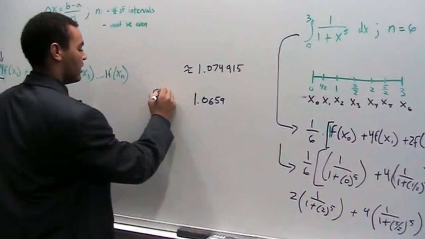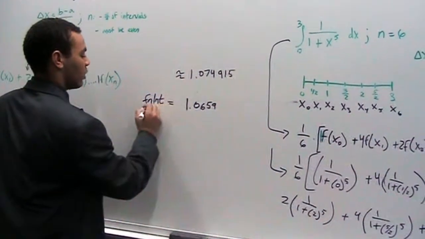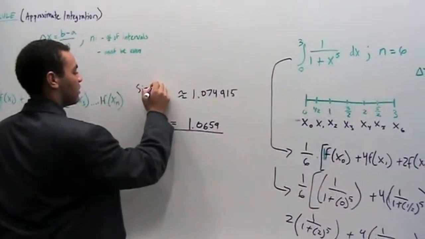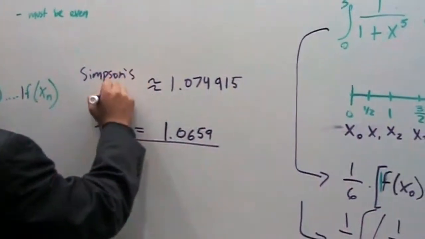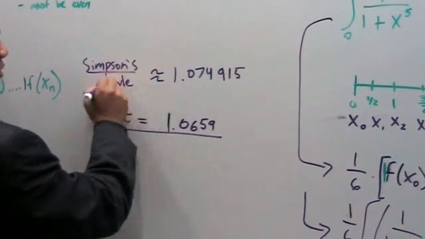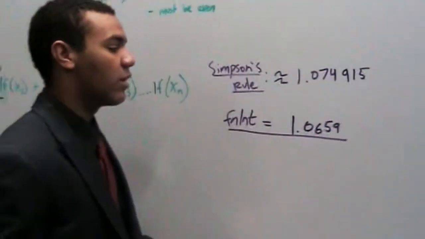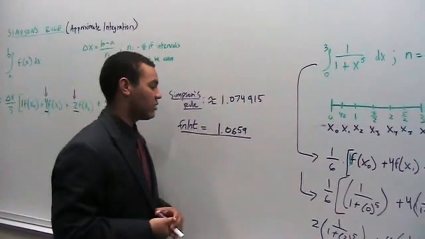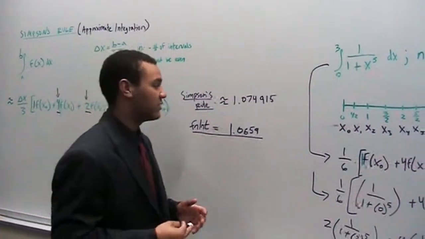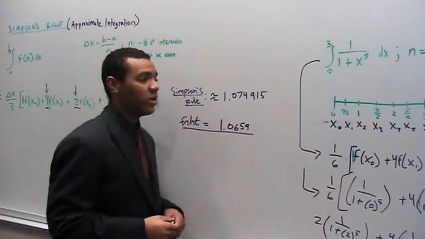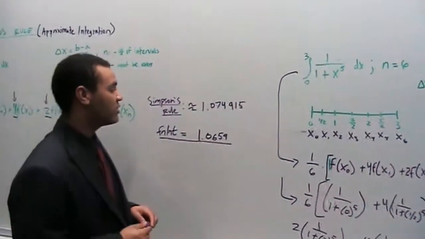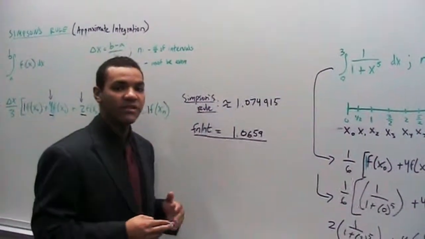So fnint equals 1.0659, and Simpson's rule equals 1.074, which is very similar. That's less than 0.5% off. That's unbelievable. And that's why we use Simpson's rule to approximate as close to the exact value as we can get of a definite integral.